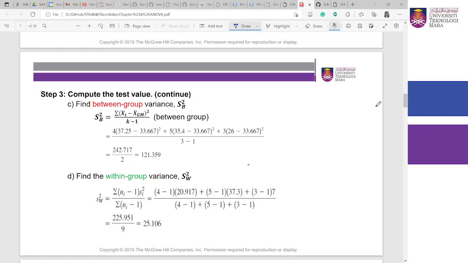Then compute the test value. This continues from the previous one. You have to calculate the between group and the within group. So how do we calculate the between group and the within group?